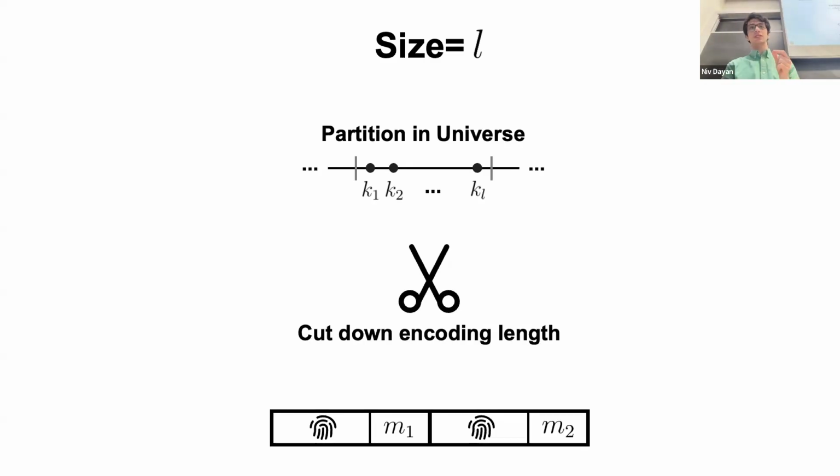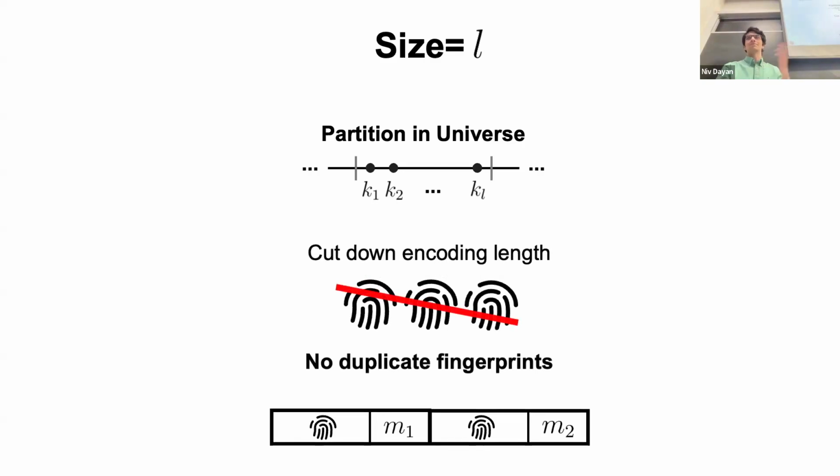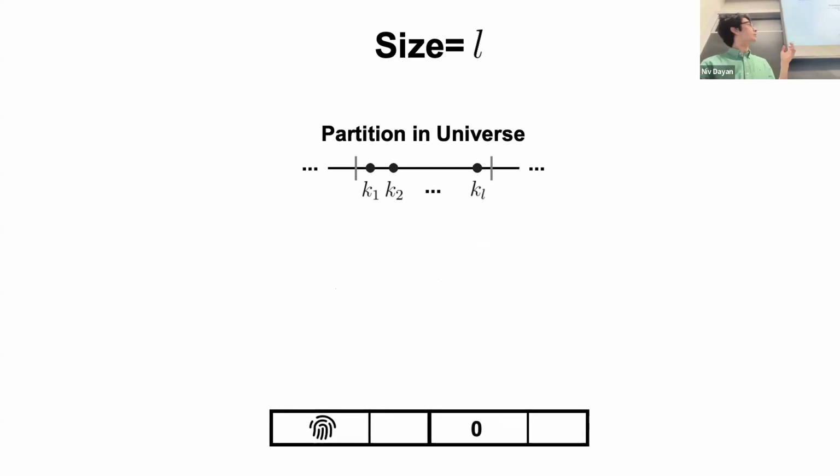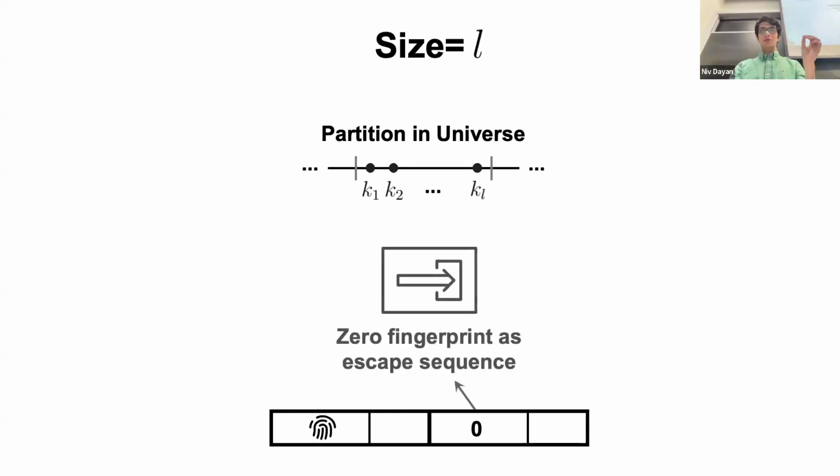And the way we're going to do this is by doing this type of encoding here. So I'm going to store the fingerprint of the partition in the first slot. Then I'm going to follow that up with a slot that has a 0 fingerprint. So this is going to create a decreasing order of fingerprints in my run.